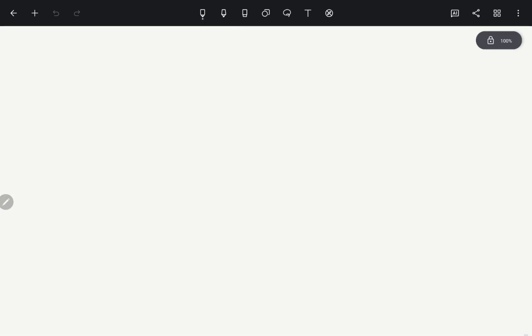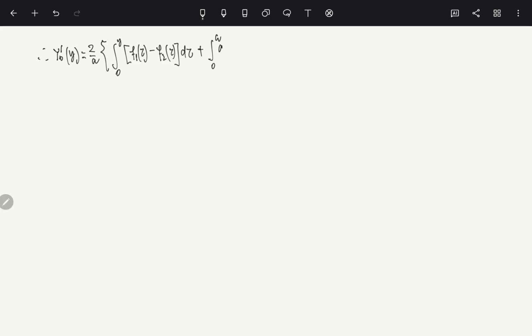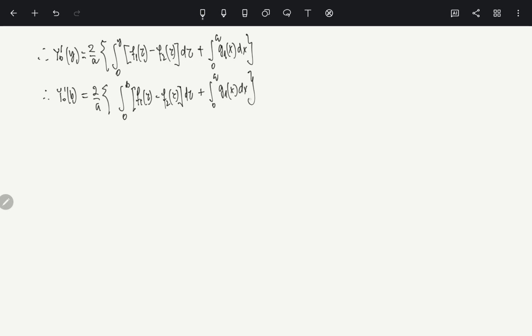Therefore y_0 prime of y is 2 by a times the integral from 0 to y of f1(tau) minus f2(tau) d tau plus the integral from 0 to a of g1(x) dx. So y_0 prime at the point b becomes 2 by a times the integral from 0 to b of f1(tau) minus f2(tau) d tau plus the integral from 0 to a of g1(x) dx.